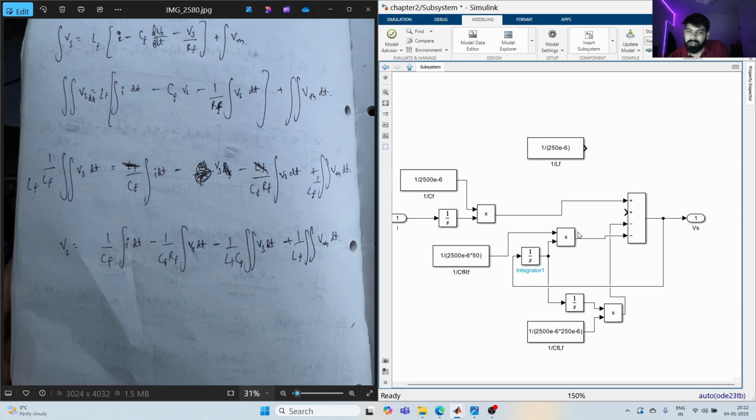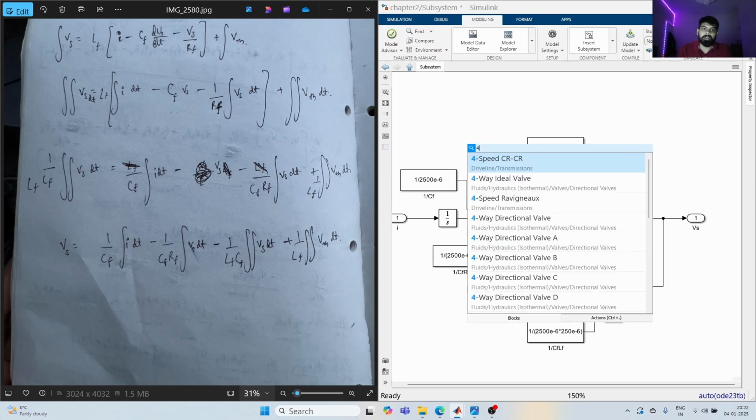And then the final one is 1 by LF into double integral of VTH. Our VTH is 400.